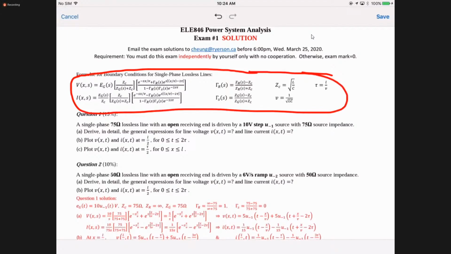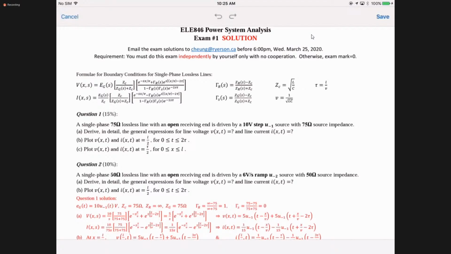This formula is going to be used, as I mentioned many times during the lecture. If you are given the inductance and capacitance, you can find the characteristic impedance, and the velocity of the traveling wave is 1 over square root LC.